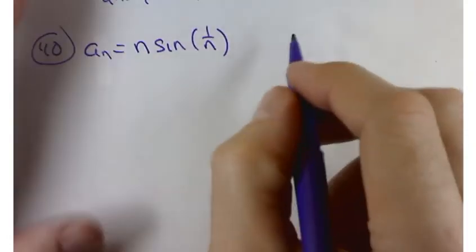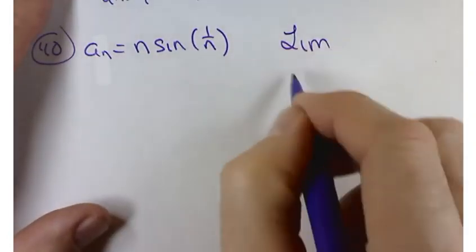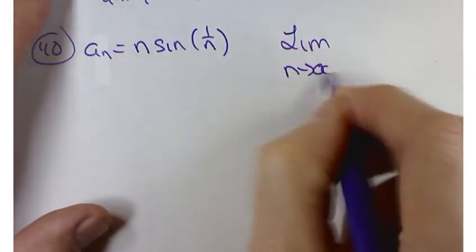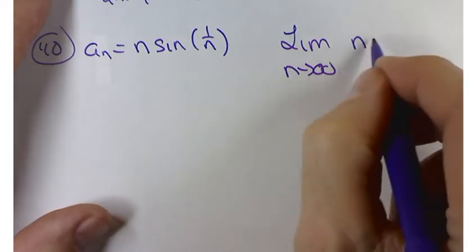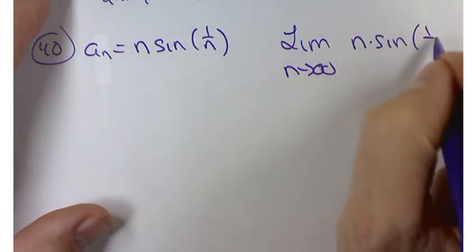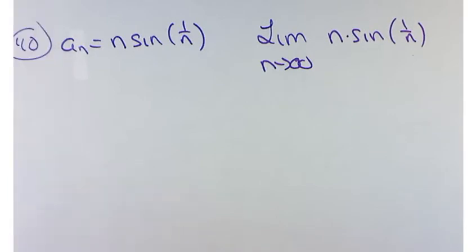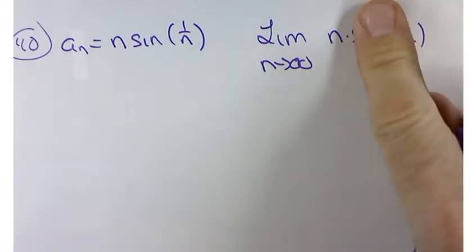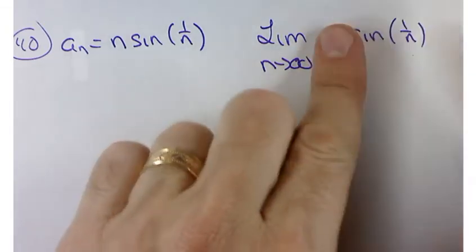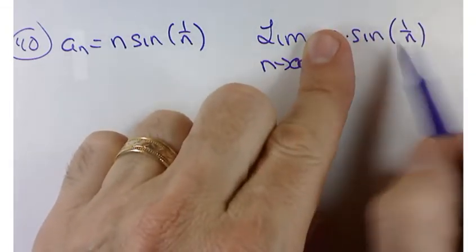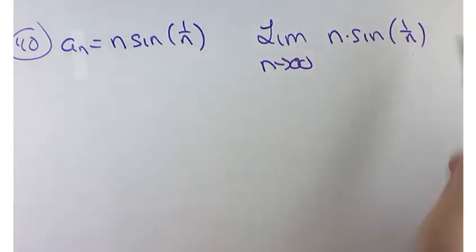If we start looking at the limit as n approaches infinity of n times the sine of 1 over n, well, on the one hand, we get infinity. On the other hand, we get the sine of 0. What's the sine of 0? 0. So what wins? Is infinity times 0 equal to 0? Is it infinity? What is it?